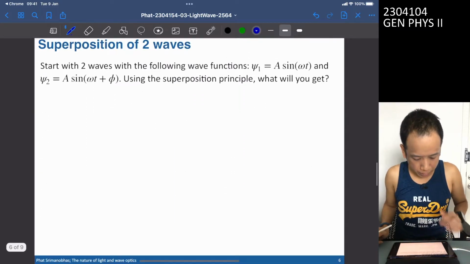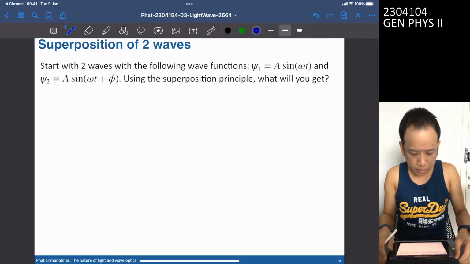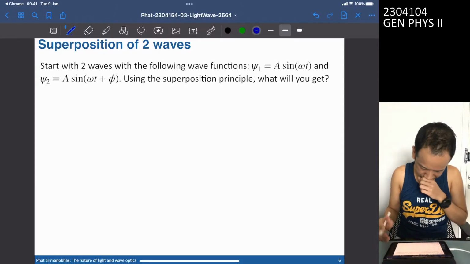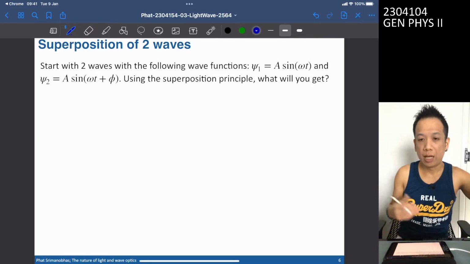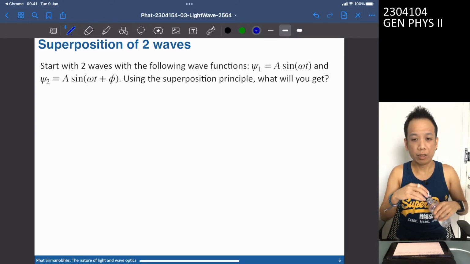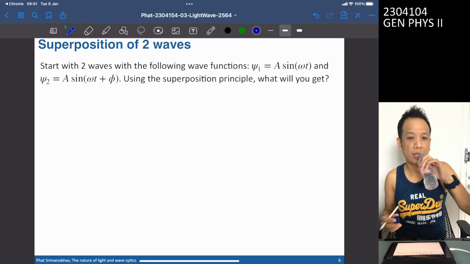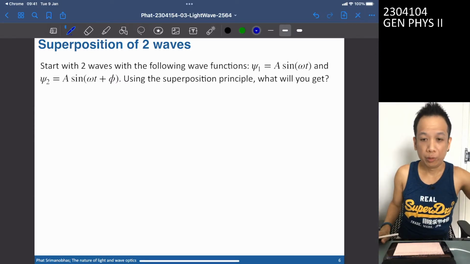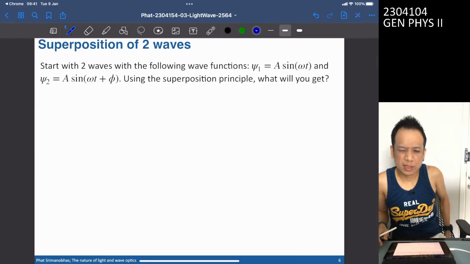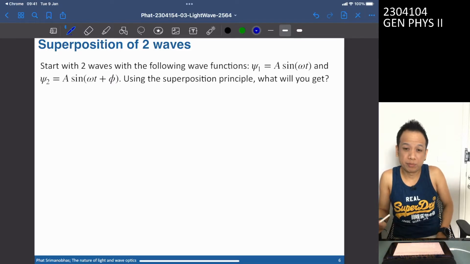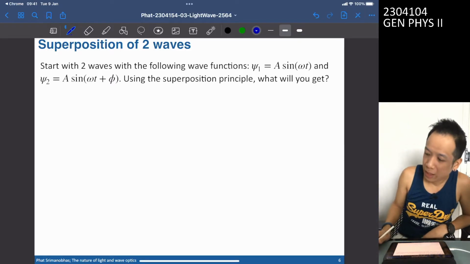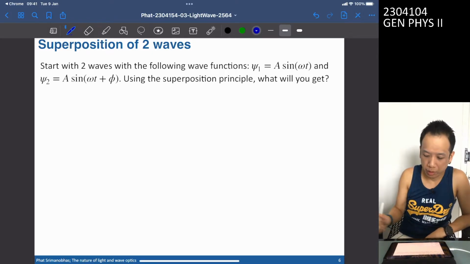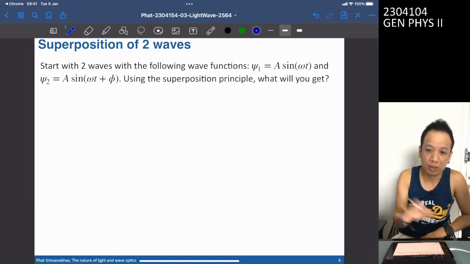Okay, so now you start with two waves with the following wave equations, using the superposition principle, and what will you get? It can be sine, it can be cosine, it can be even a complex number, and then you take the real part of that. Whatever you like. I use sine because it's going to get exactly the same answer, but if you would like to use cosine, it's totally fine.